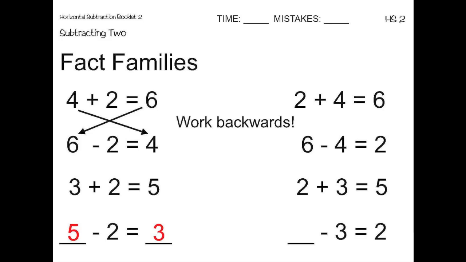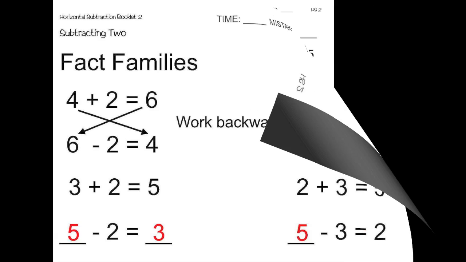So we have 5 minus 2 equals 3. So now let's go on to the problem next to it. Here we're trying to figure out what number will begin the subtraction problem. We'll use the addition problem above to work backwards. Since the 5 ended the addition problem, it will begin the subtraction problem, making 5 minus 3 equal 2.